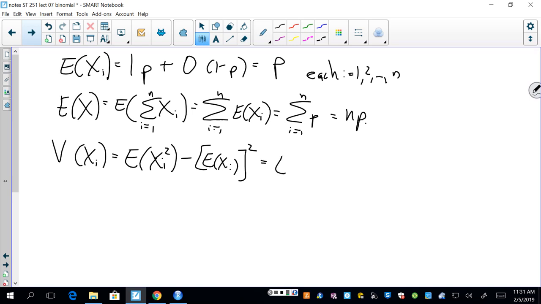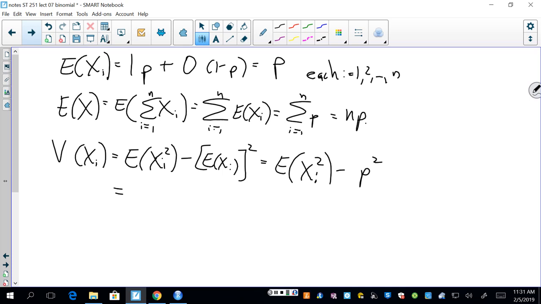So this is the expectation of xi, the individual one, squared. And this one over here was p, the mean, p squared. What's the expectation of xi squared? What are the values that xi squared can take on?